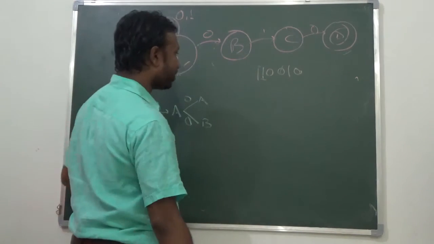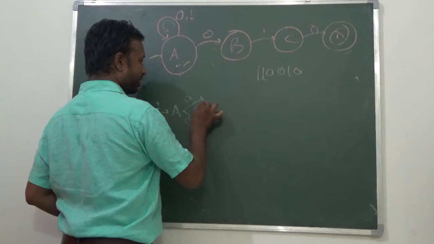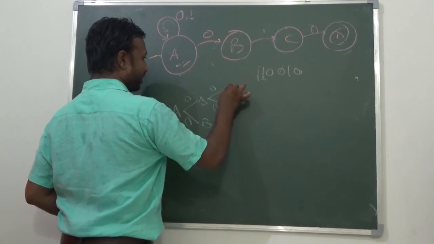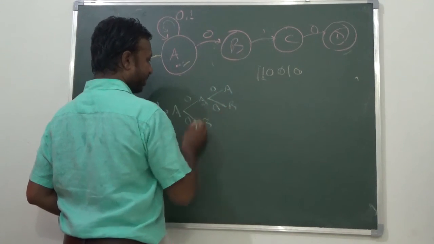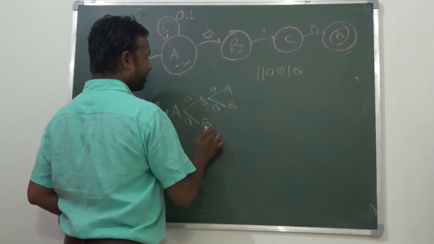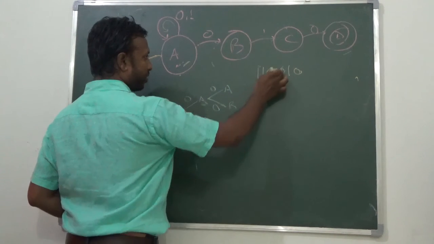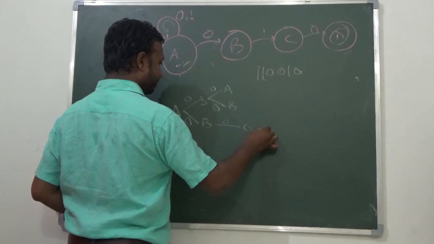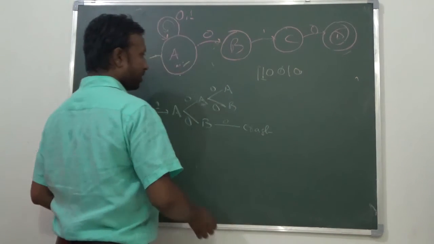Then the machine needs to process this 0. If the machine is in A, then again there are two choices, either it stays in A or it goes to B. But if the machine is in state B, by processing this 0, the machine crashes, right?